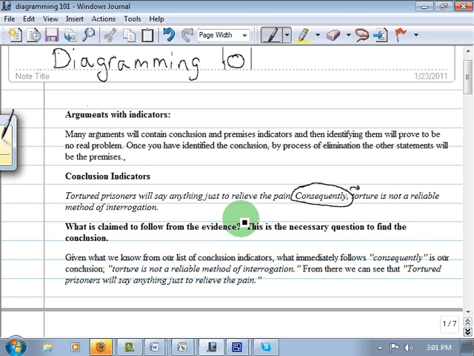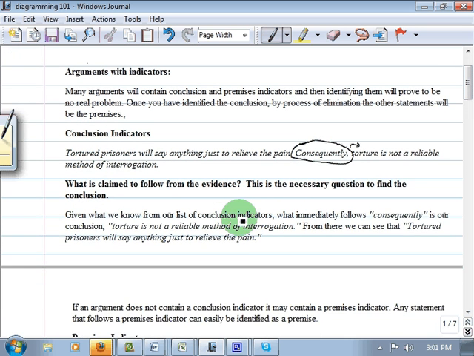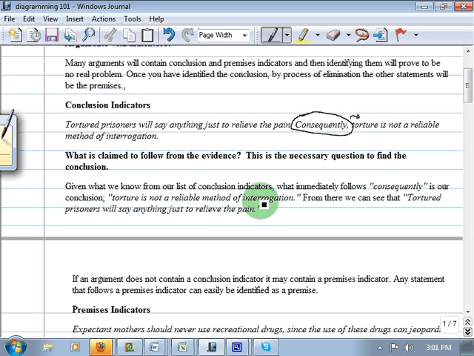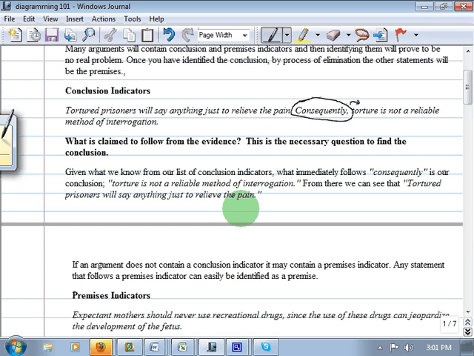And this is the necessary question to find the conclusion. Given that we know from our list of conclusion indicators we see consequently, I know torture is not a reliable method is the conclusion, and from that I can see the tortured prisoners will say anything just to relieve the pain. Remember, in an argument, I can only have one conclusion.